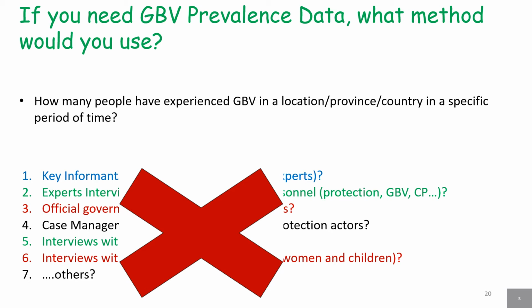So it will not provide information in locations where no one is working or where they do not trust organizations working in the region. Even if we consider police records or cases of service providers, we can only know the number of cases that were reported, which is often fewer than the actual cases. If we communicate reported cases, then it's likely that donors and others reading this report will interpret this as prevalence and it will contribute to lower funding for protection programs.